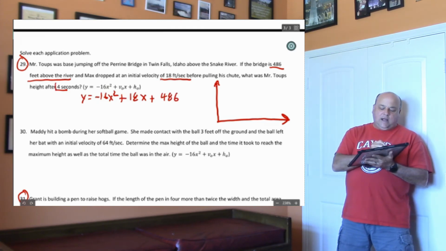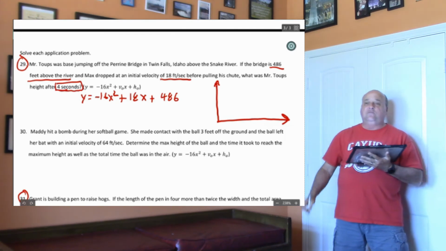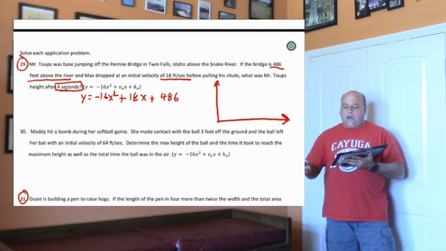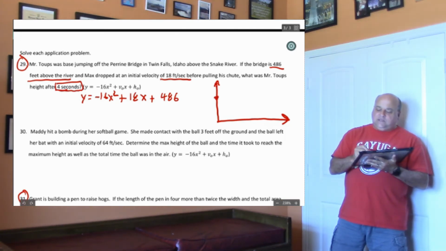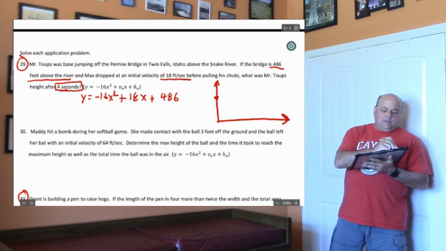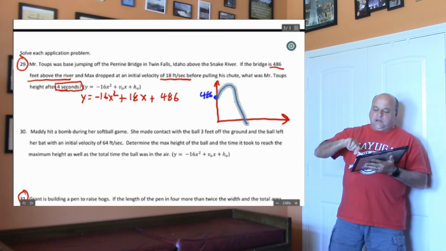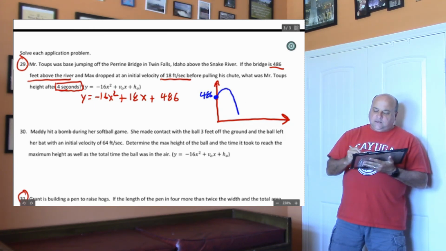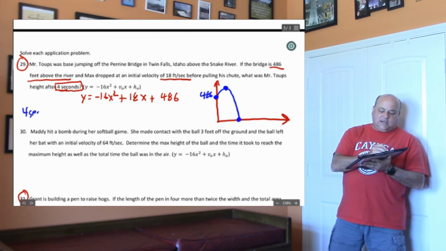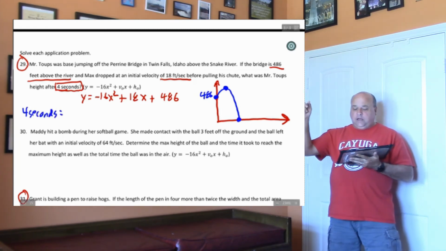And we want to know how high I'm up after 4 seconds. Will I hit the water? So if you graph this, it's going to start at 486. I'm going to change colors. And remember, the parabola is going to go up, and then it's going to go down, right? We need to find the maximum height in this, and we also want to know what 4 seconds is. We're also going to write down the domain and range, okay?